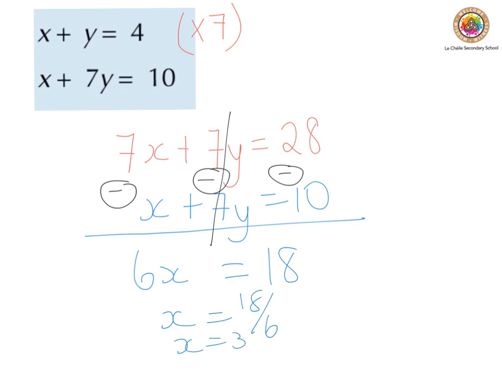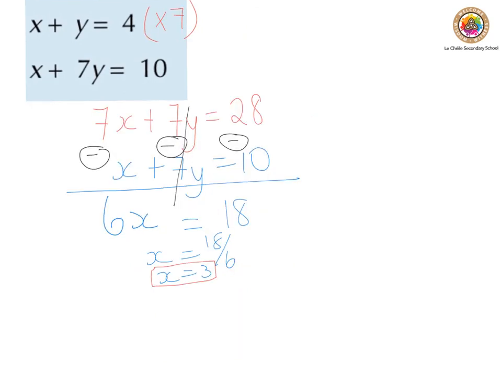And again, similarly to the last example, we now use our solution for x to give us an answer for y. Okay, so again, I can take either equation. So I'm going to take the first one again. x plus y is equal to 4. Now I know my answer for x equals 3. So that's what I'm going to substitute in here.